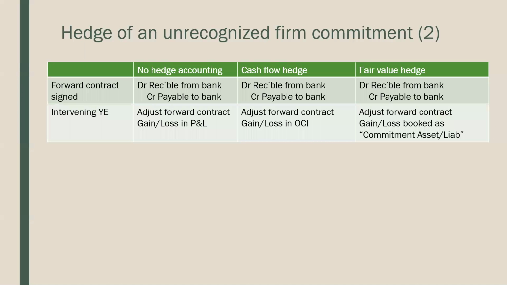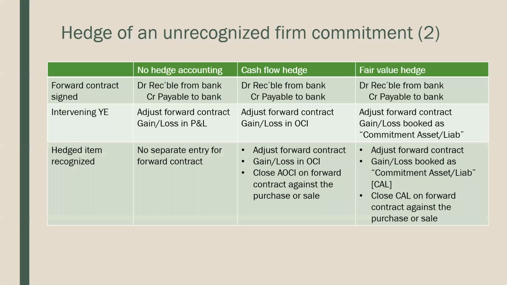In the intervening year end, you will adjust the forward contract, and any gain or loss will go through profit or loss if no hedge accounting were applied. We'll record the gain or loss through other comprehensive income if we had designated the forward contract as a cash flow hedge, or book it through commitment asset liability if we had designated the forward contract as a fair value hedge.